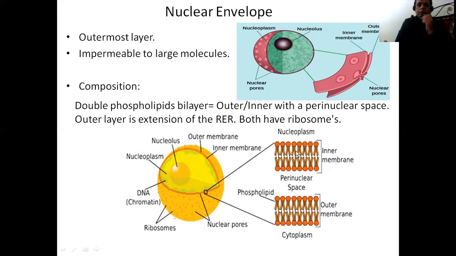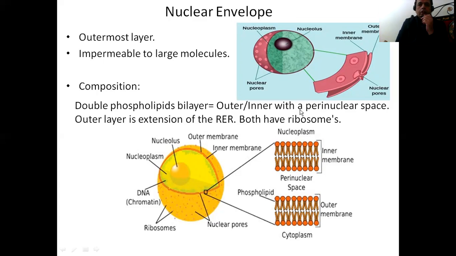That would require a special structure in the form of different kinds of proteins which would help substances get through. And these are the nuclear pores. These are different kinds of proteins which have come together to make pores in this envelope, helping substances to get inside the nucleus or to get out of the nucleus.